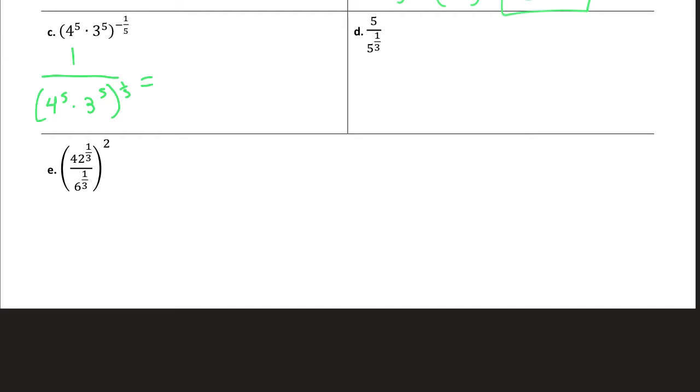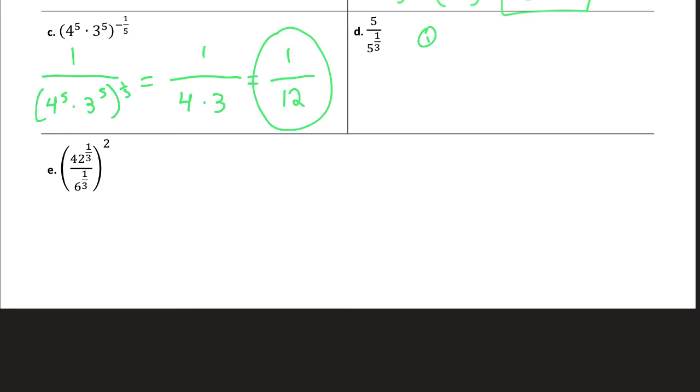And then this is 1 over 4 to the 1st and 3 to the 1st, because 5 times 1/5 is 1 for both of these powers. So this becomes 1 over 12, since 4 times 3 is 12. That one's finished. That is our final simplified expression or number.